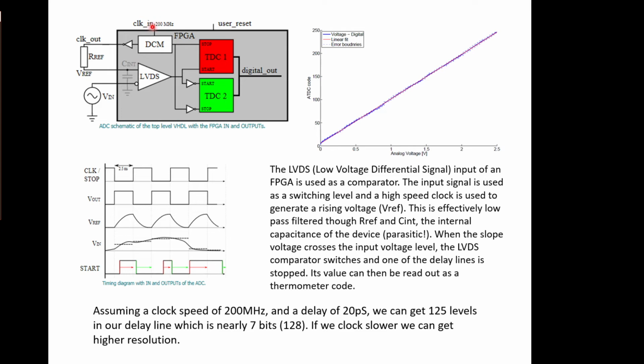So we've got an internal clock that's starting everything off, and that starts the timer running. And what then happens is it generates a rising voltage. The only thing you've got to put in is a resistance, and it uses the stray capacitance across here to give us an RC time constant. So you can see that Vref is starting to rise in exponential fashion, and then when that crosses the threshold of the input signal, which we're assuming isn't moving very much, that then stops the clock.